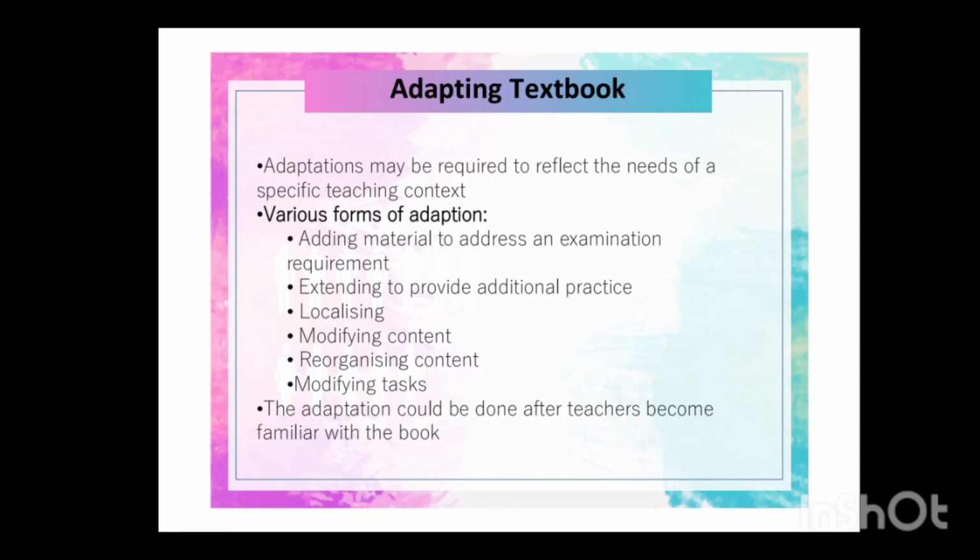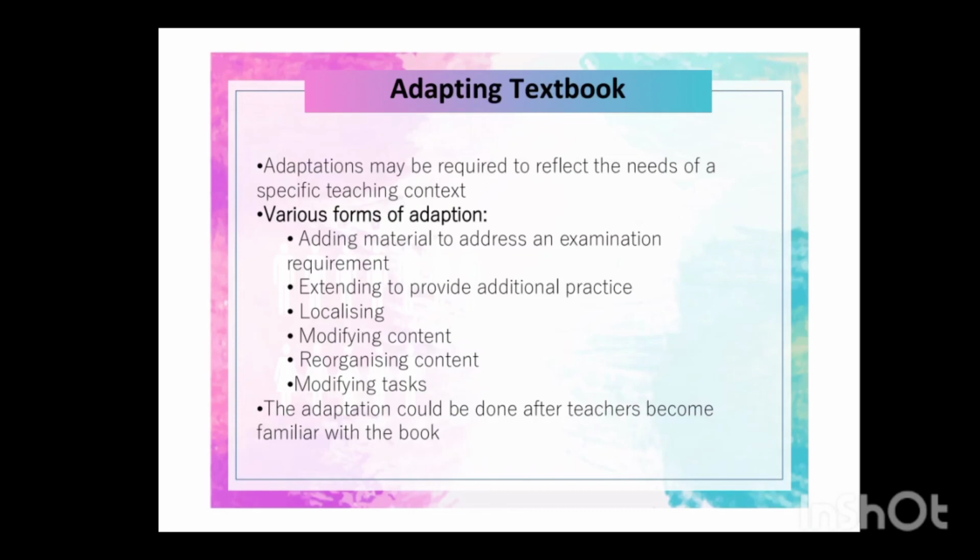And then we can also extend to provide additional practice. So we can also add other practices like about grammar or about vocabularies, so that our textbook will be richer, then it will be more effective to our students. And then we can do localizing.